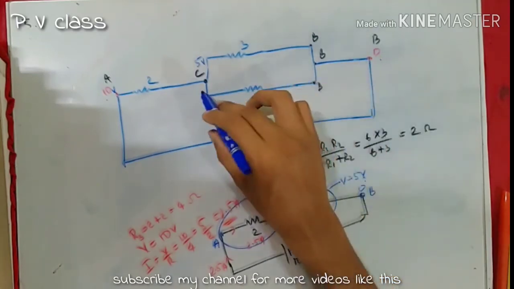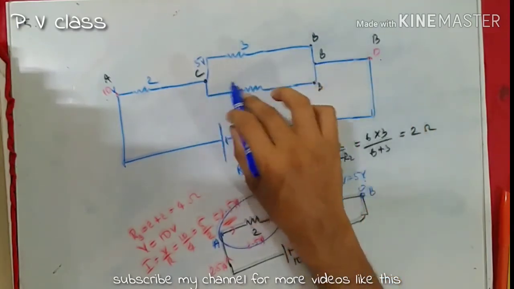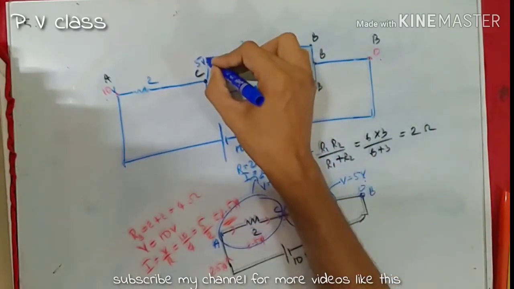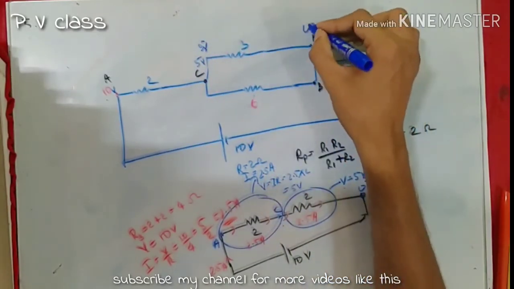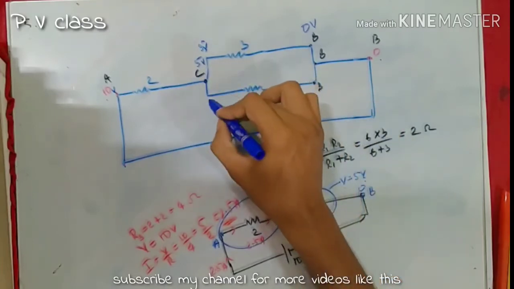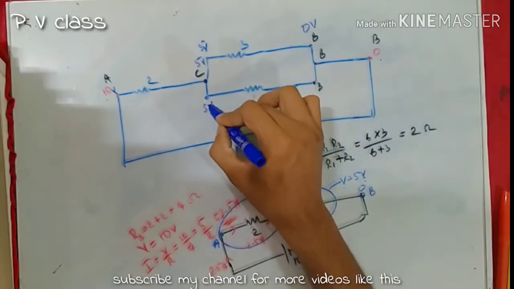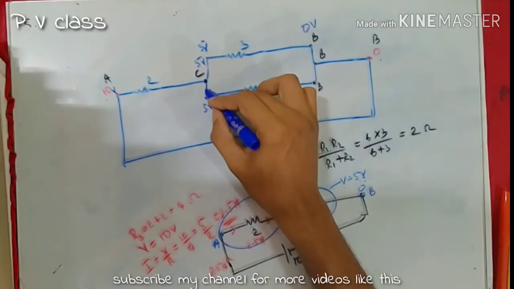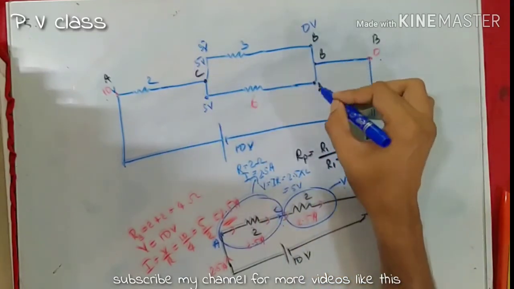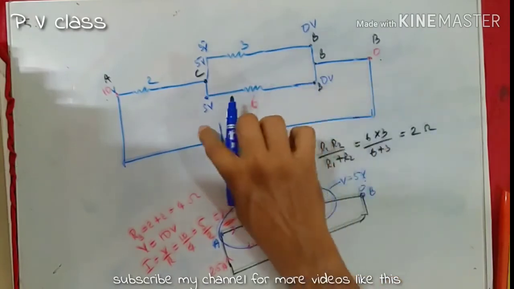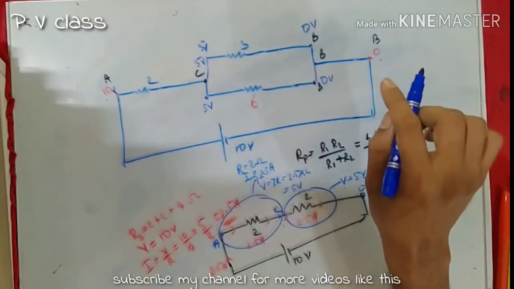And what's the potential difference across this 3 ohm resistor? This is 5 volt, means this terminal should be 0 volt, and since there are no resistors, this potential should be equal to this potential. This 0 potential should be equal to 0 over here. The potential difference is 5 volt itself.